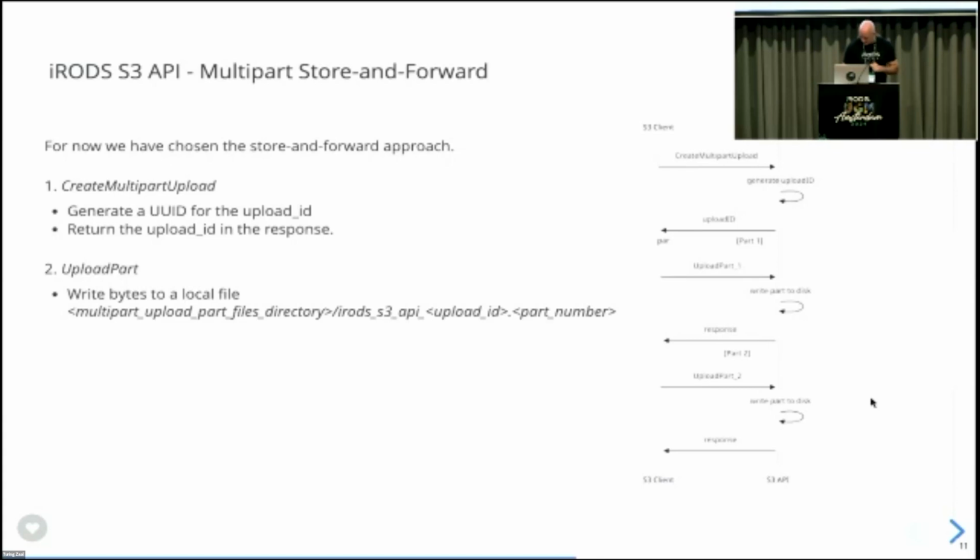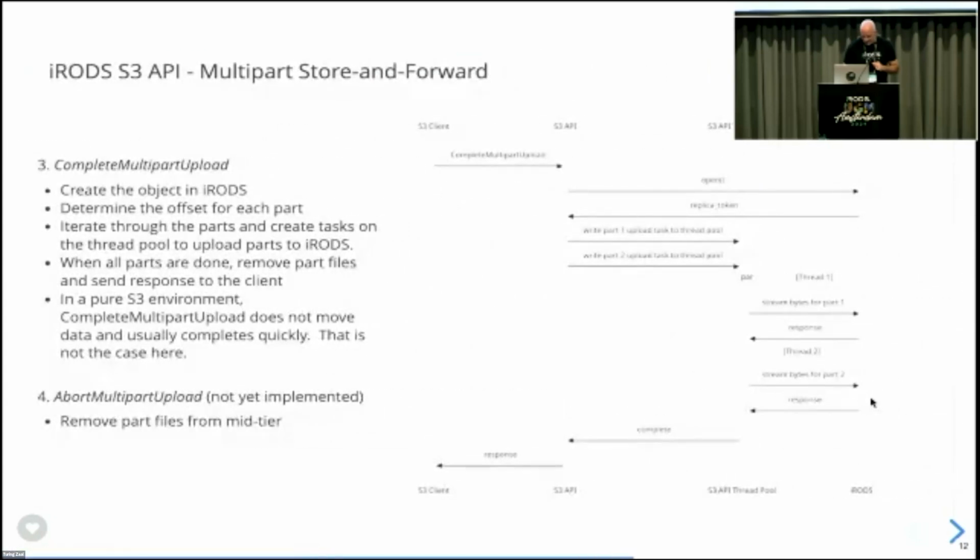And finally, complete multipart upload is where a lot of the magic happens. That's the point where we actually create the object in iRODS. At this point, all the parts have been written, so we know the offsets. So we can create a bunch of threads that seek in iRODS and write. And once they've all written, it will return back to the client.